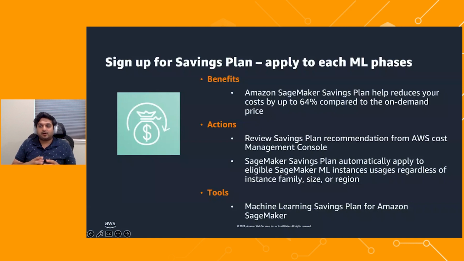This does it by automatically applying to eligible instances such as notebook instances, on-demand instances, SageMaker processing, inference, and real-time and batch instances, regardless of the family, size, or region of that instance. That kind of brings it to the end.